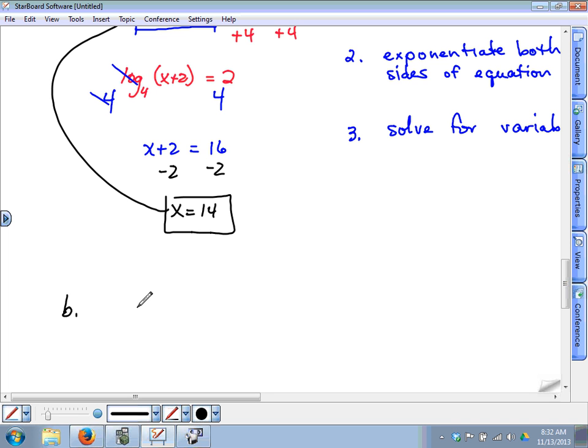Okay, you ready? Negative 2 times the log of (x minus 1) is equal to... I don't want to do too large of a power here, we're going to be careful. All right, let's do negative 4.